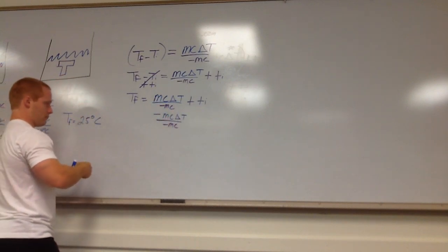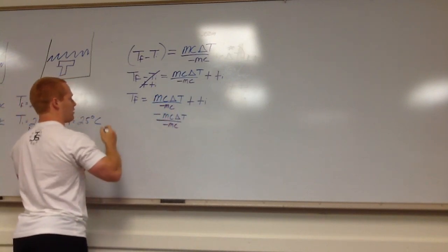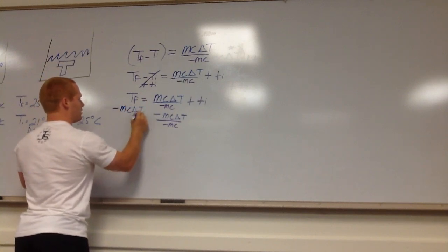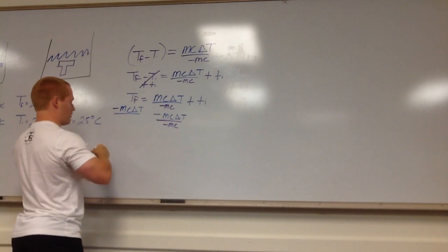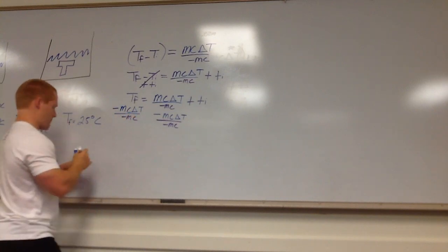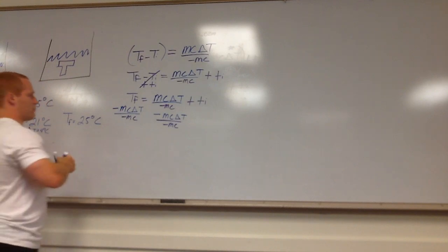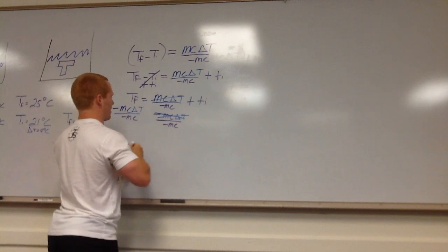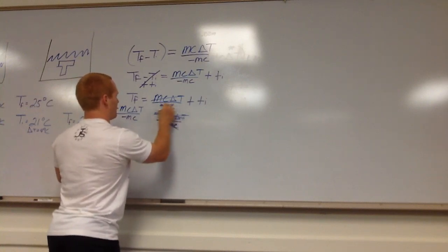I would cross them out, but it's going to ruin my pen, and I won't do that. So negative MC delta T divided by negative MC. So this blue cancels out with this, and then the purple is going to cancel out down here.